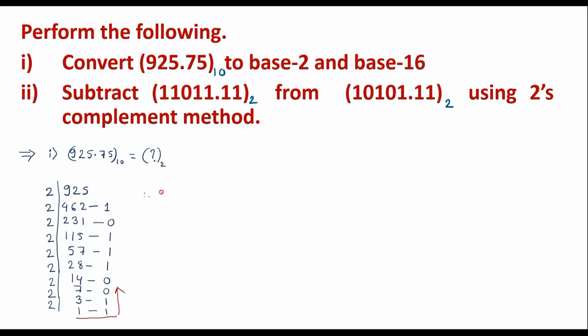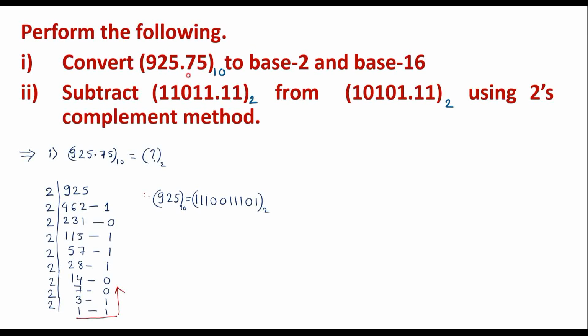Therefore 925, which is in decimal, is equal to 1 1 1 0 0 1 1 1 0 1 in binary. So this is the binary representation of the number 925.